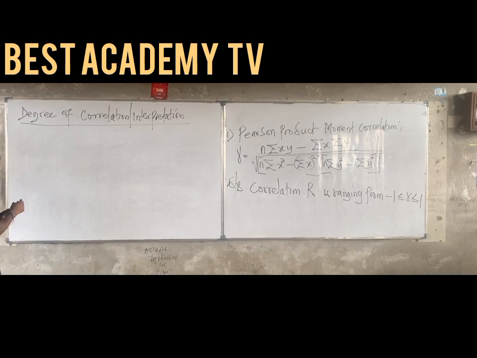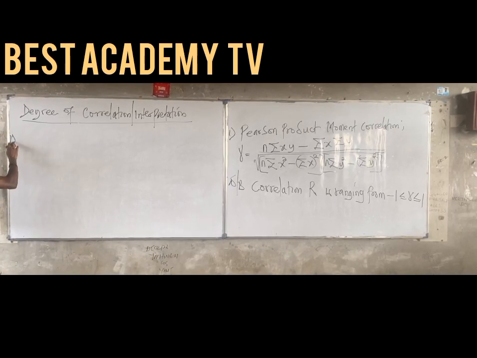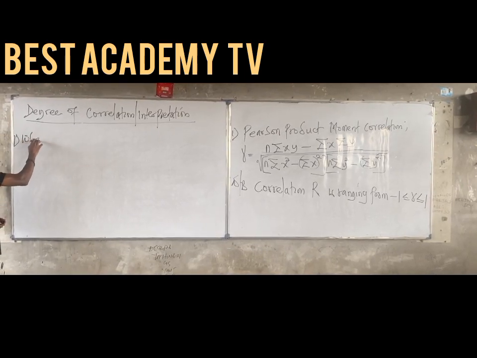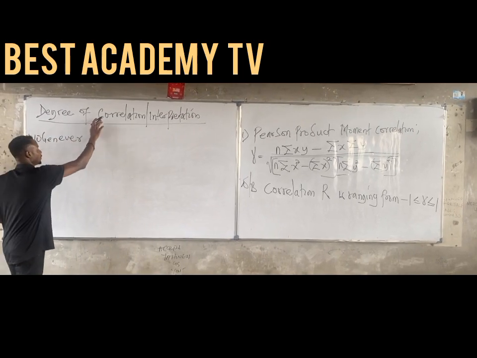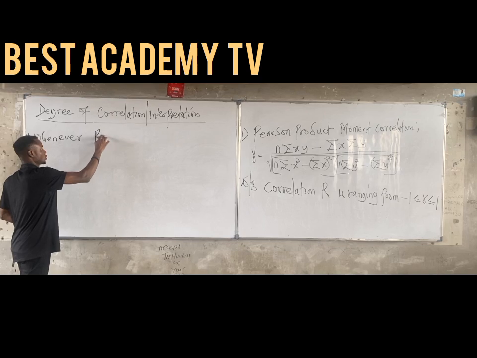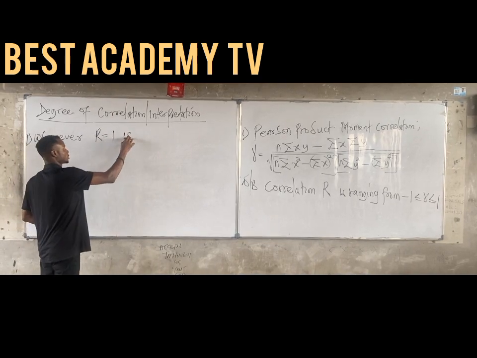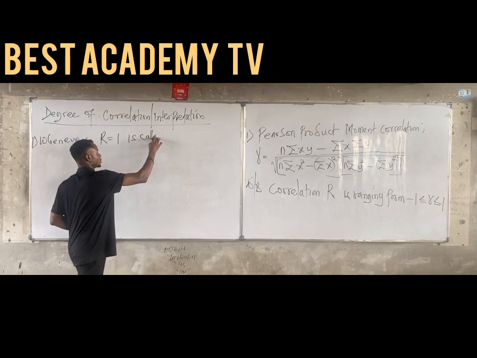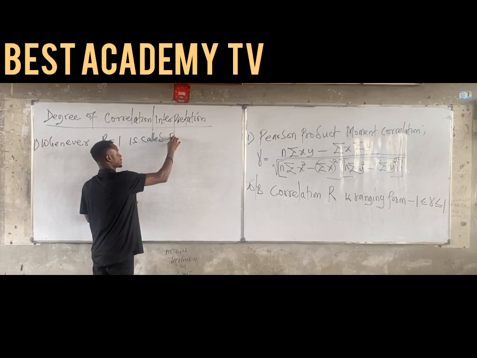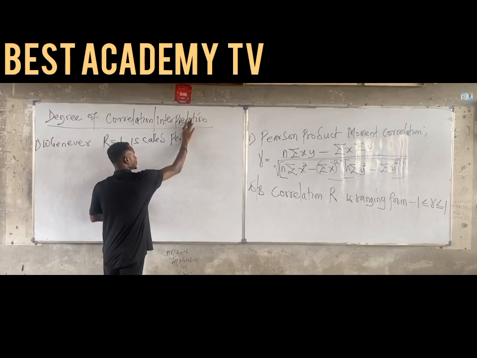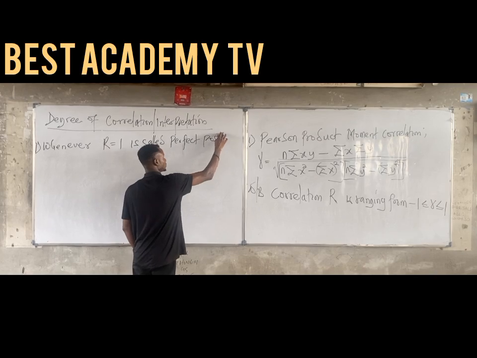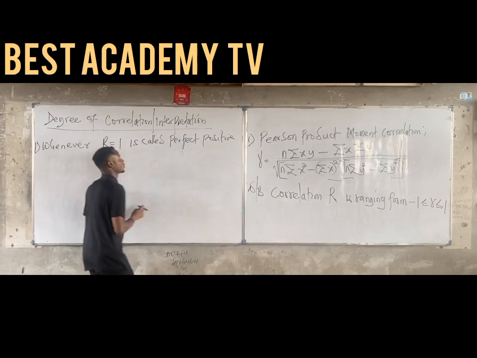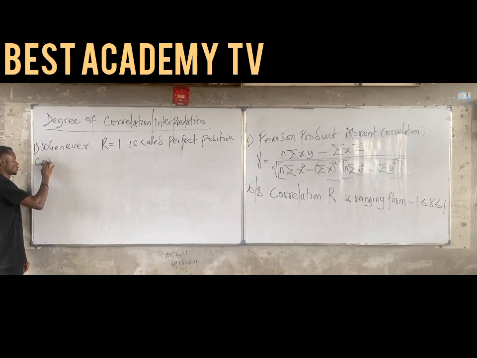Please take note, number one: whenever r is equal to 1, it is called perfect positive correlation.